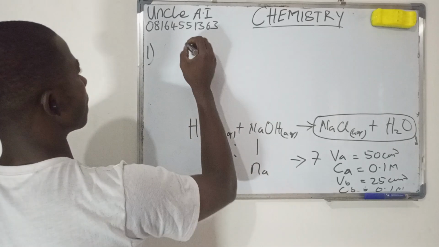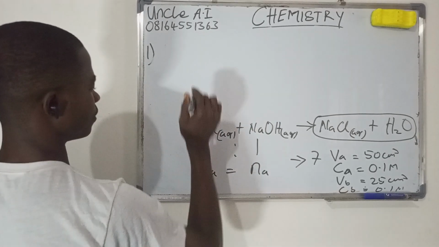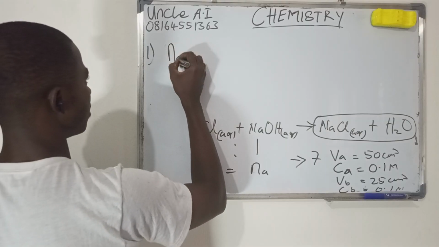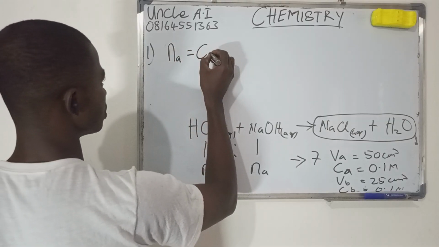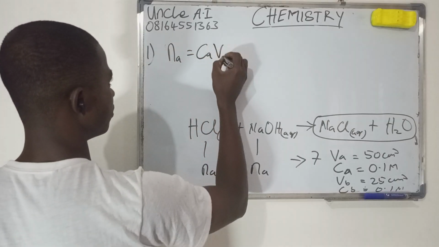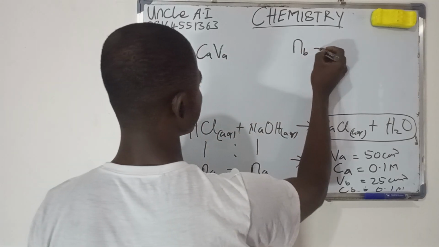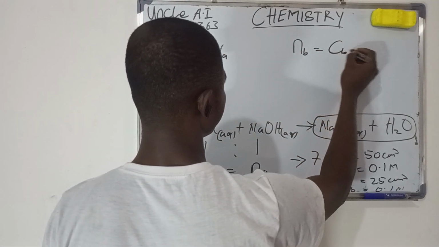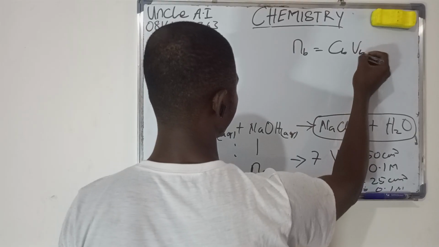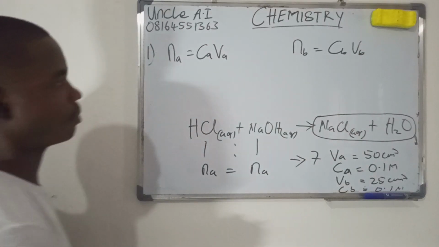it simply means the amount of acid must be equal to the amount of base. We calculate the amount of acid from the formula: amount of acid is equal to concentration of the acid multiplied by volume of the acid. Likewise, amount of base is equal to concentration of the base multiplied by volume of the base. Remember the formula.